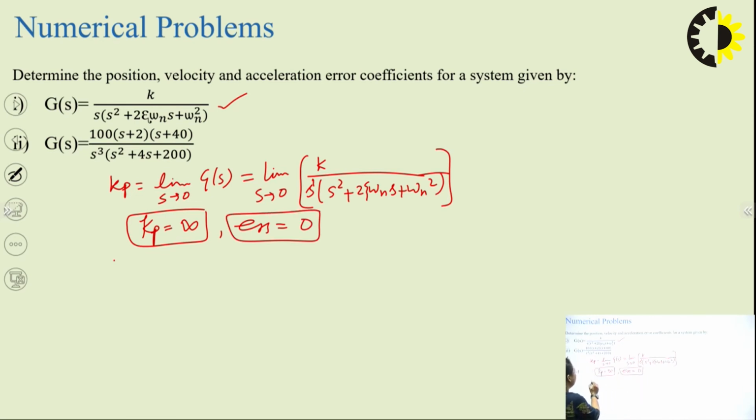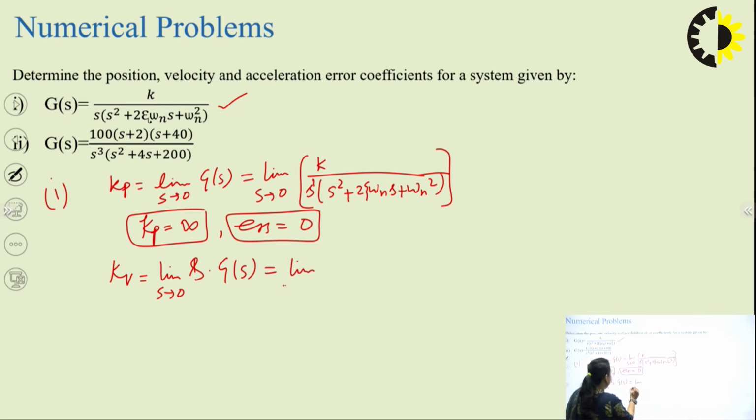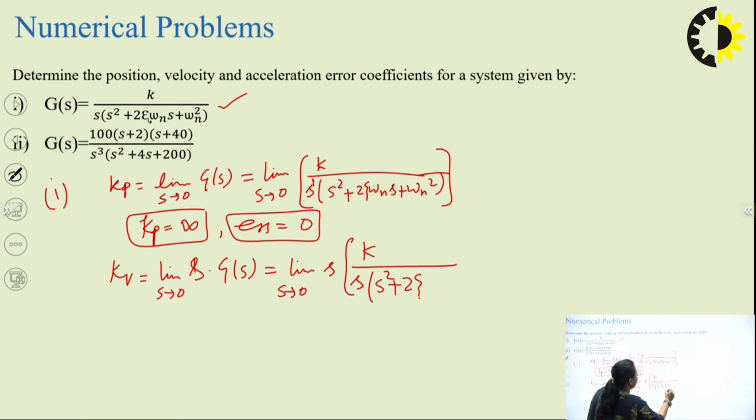Again, for Kv, I am doing the first part here. For the first part, Kv is limit s tends to 0 of s into G(s). The value of s into G(s) here is k upon s into (s square plus 2 zeta omega n into s plus omega n square).